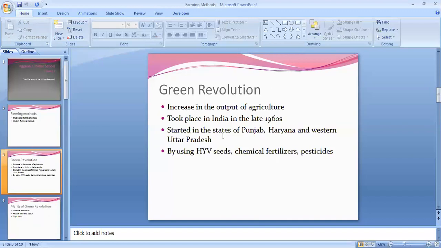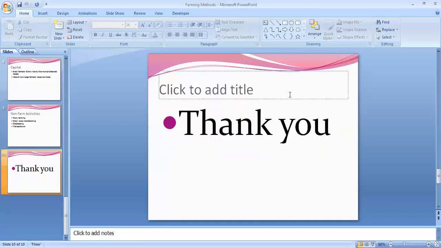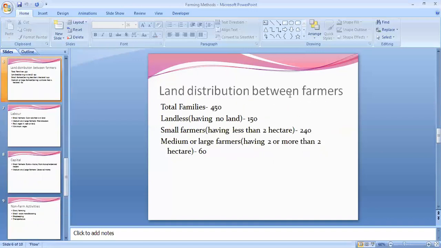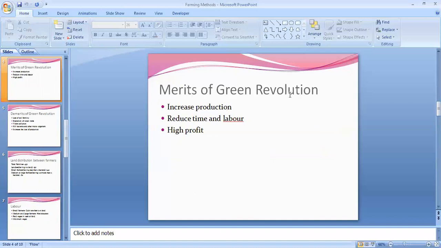The farmers of these states used HYV seeds, chemical fertilizers, and pesticides to increase the production of crops, especially wheat and rice. And this results in the increase of production. This Green Revolution has some merits and demerits.